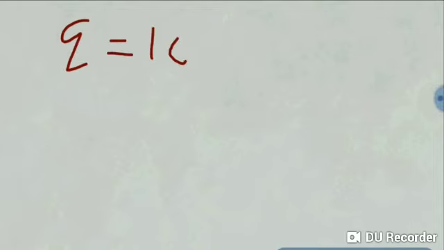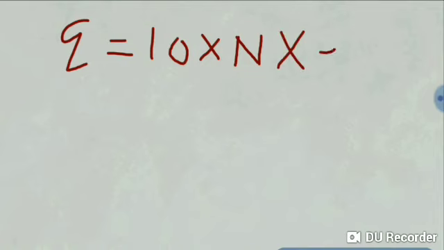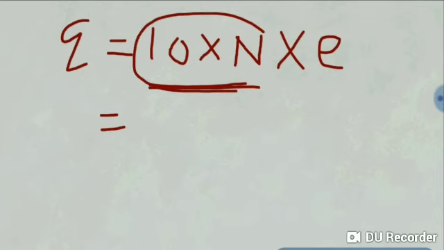Now calculation part. Total charge Q is equal to 10 into total number of molecules of H2O from equation number 1, and e, fundamental unit of charge. Here this 10 into N will give you the total number of electrons or protons, and if this is multiplied with the charge of an electron or a proton, then we can get the total charge.